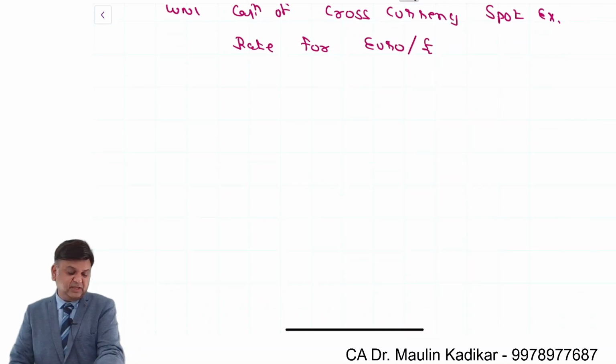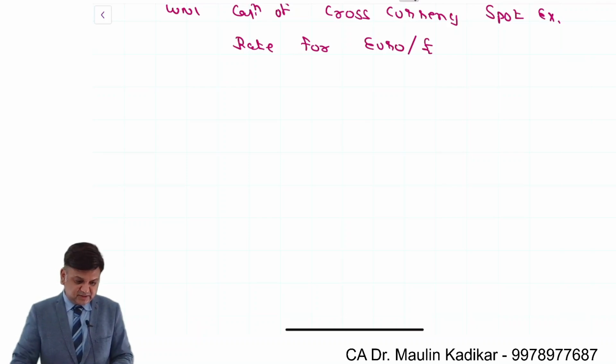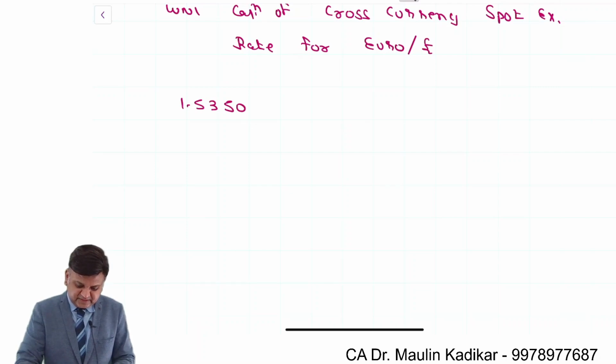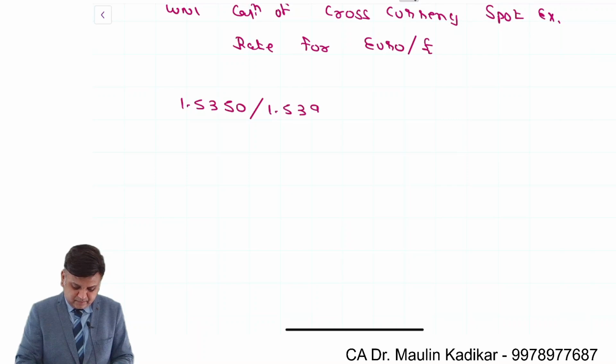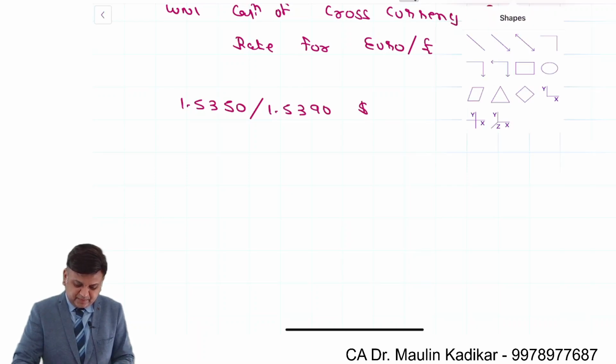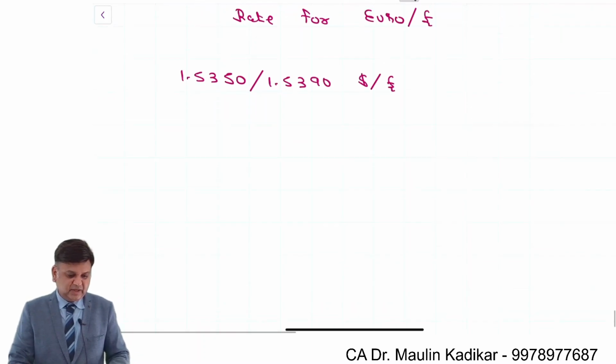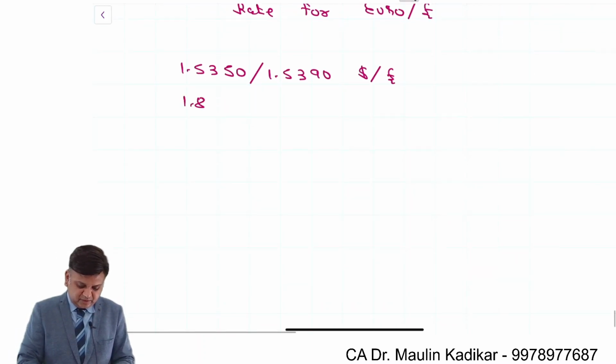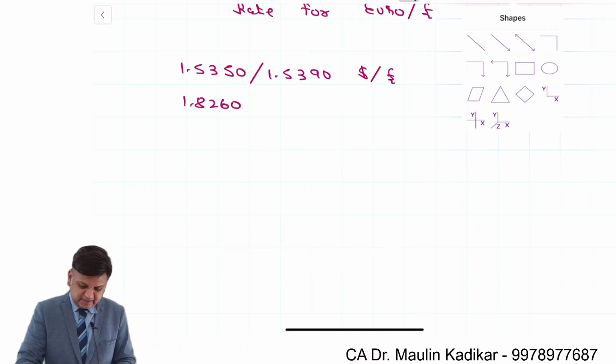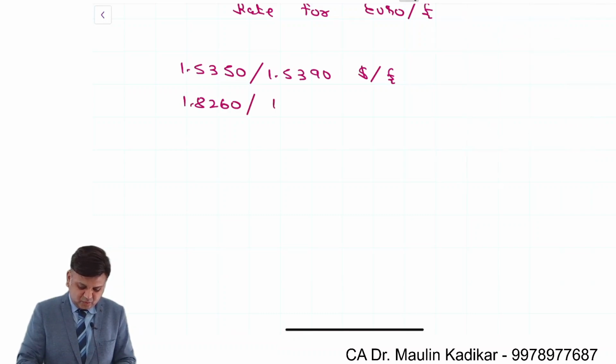So the spot exchange rate information is provided to us like this: 1.5350 slash 1.5390 dollar per pound, and 1.8260 slash 1.8290 euro per pound.